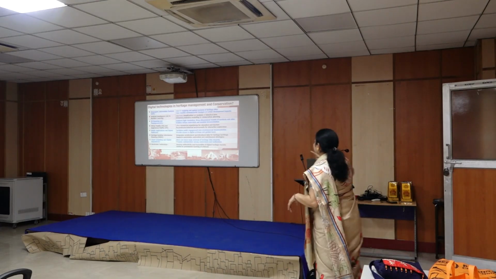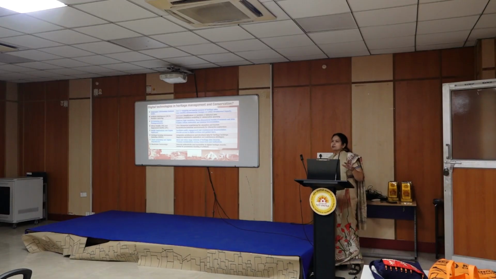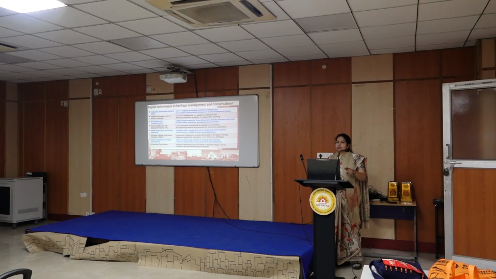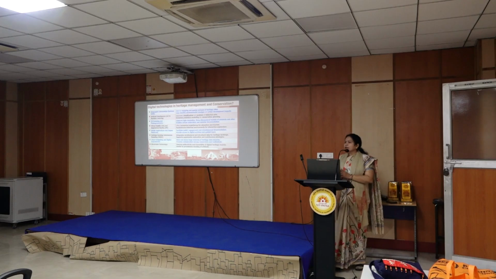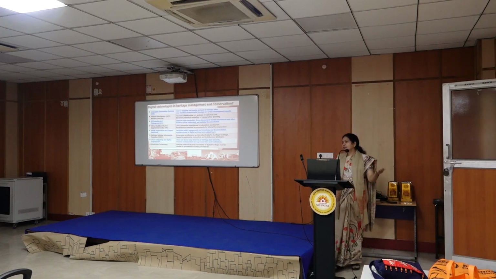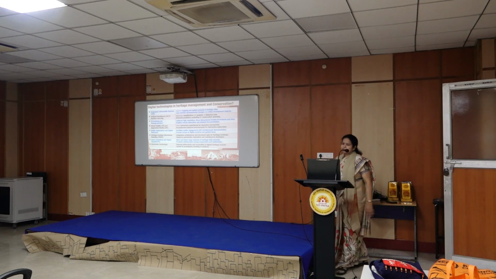So BIM, normally architecture students must be knowing what is building information modeling. The heritage building information modeling is about heritage buildings, the buildings that are existing, so you create models of those heritage buildings, and those are HBIMs.